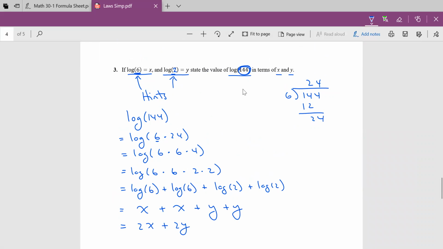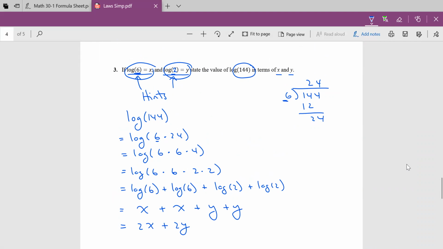So again, what I was attempting here was to take what I'm asked to change the form of, and get my hints into it. And how did I get my hints into it? I divided. And by doing that division, and then repeating the division, I can expand and get my hints in.